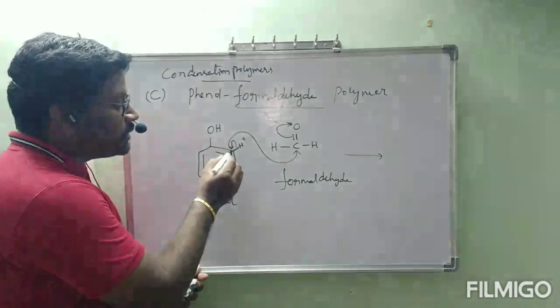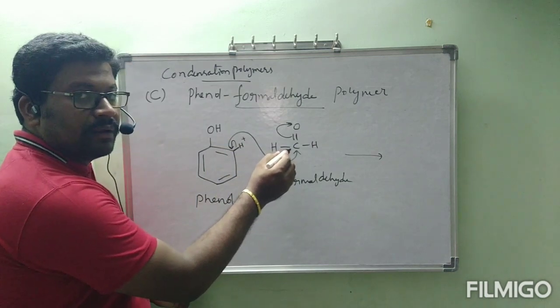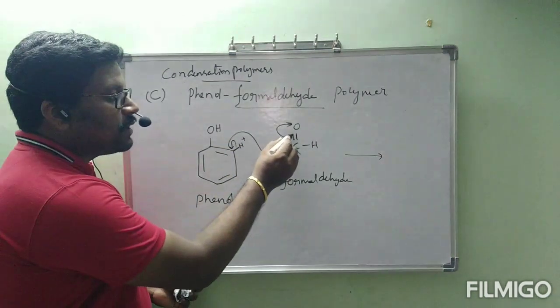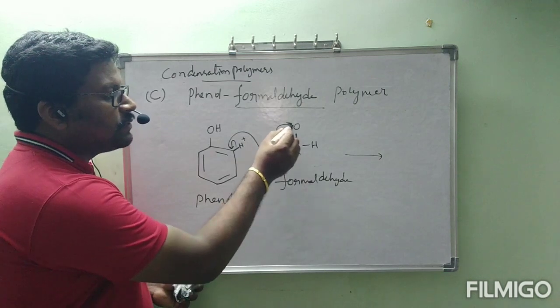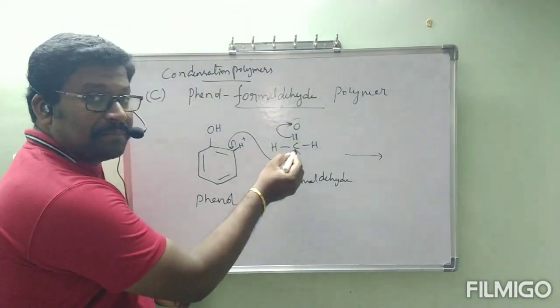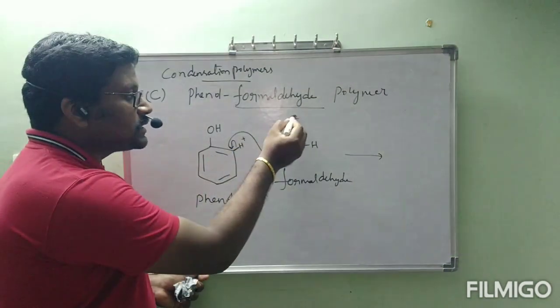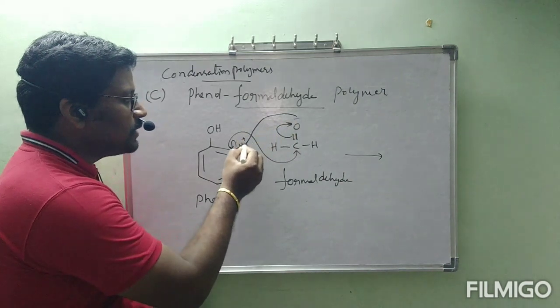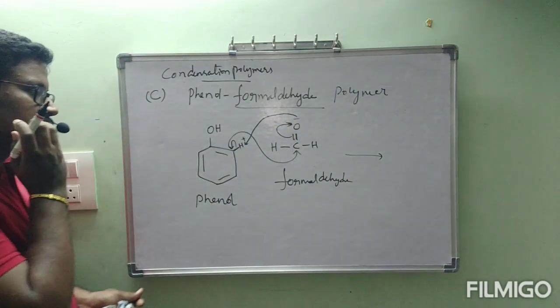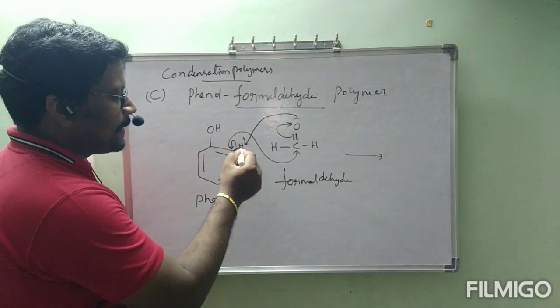With that negative charge, this carbon is going to attack this carbon in formaldehyde, because out of the double bond, the pi bond is shifted towards oxygen as O minus. Then this carbon is getting plus, so it will be attacked by this carbon. Next, this O minus is going to attack this hydrogen.